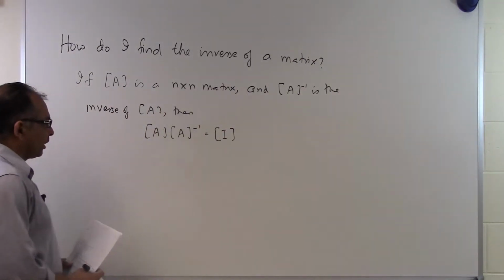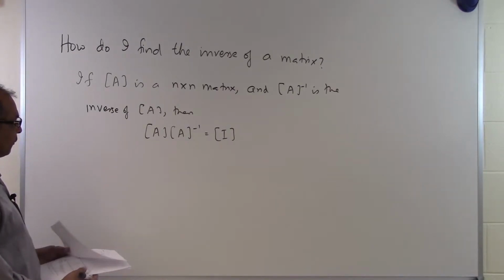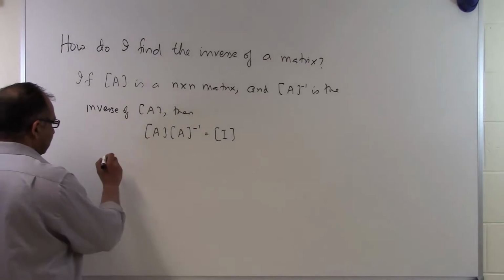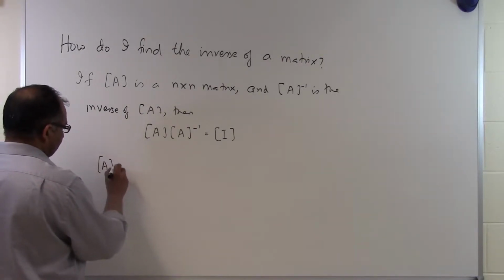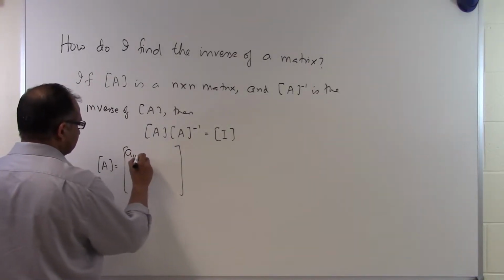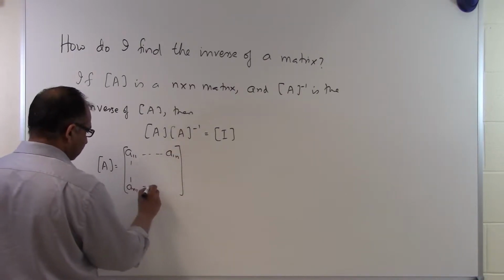So the question arises, how do we find out the inverse of a matrix, or at least get an idea of how we should go about doing that. If we consider the A matrix, let's suppose for an n by n matrix to be of this form. So we have A11 going all the way up to A1n, an1 going all the way to ann.